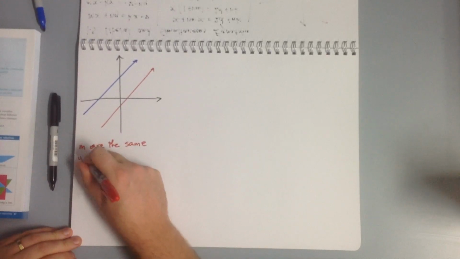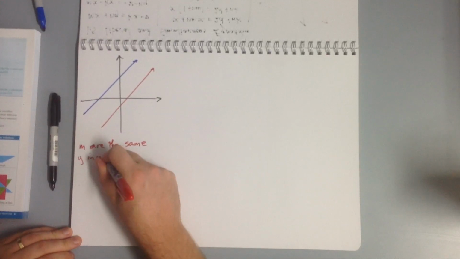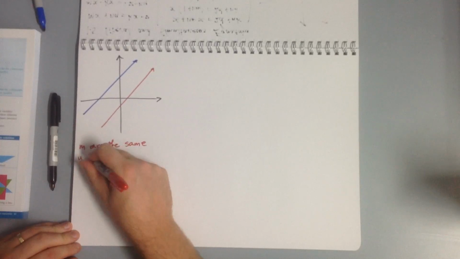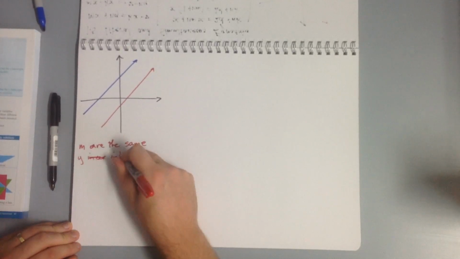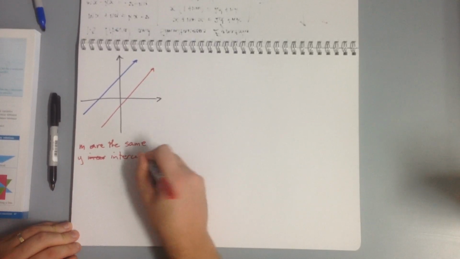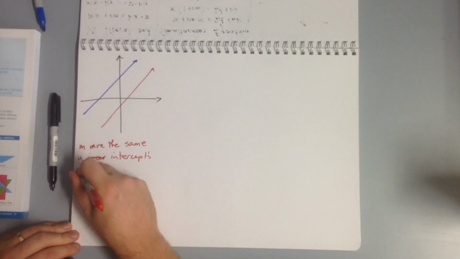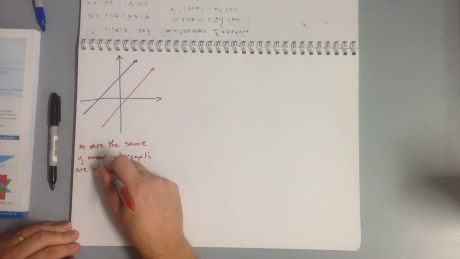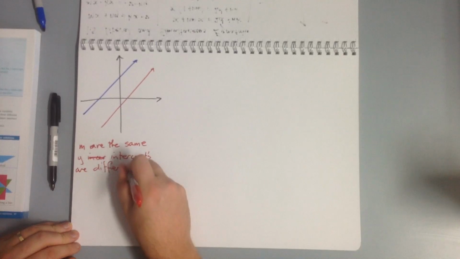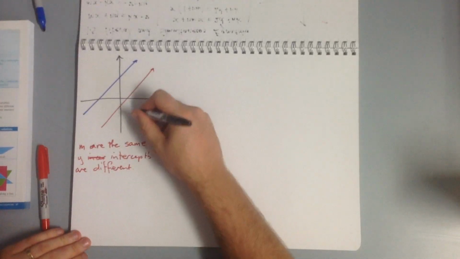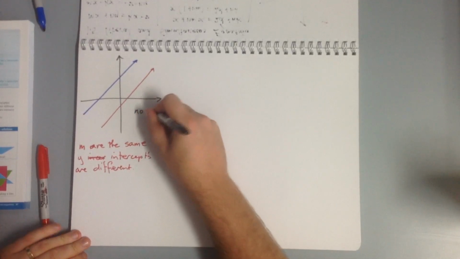And our y-intercepts are different. Okay, we have one more case. So this one is when we have no solution.